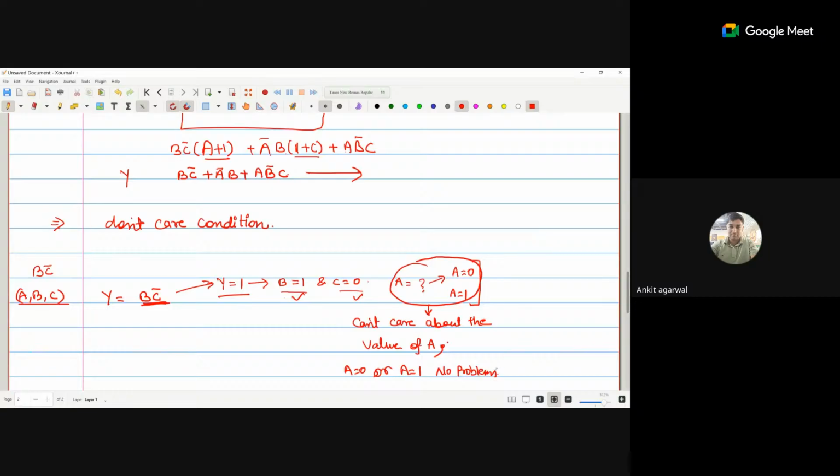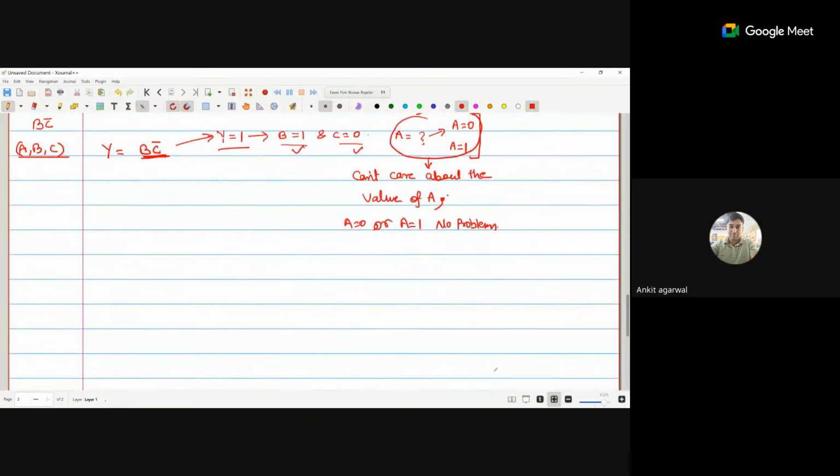The only problem is with B and C. So Y should be 1 only when B is 1 and C is 0. This particular condition, where an input doesn't create any effect, we call the don't care condition.